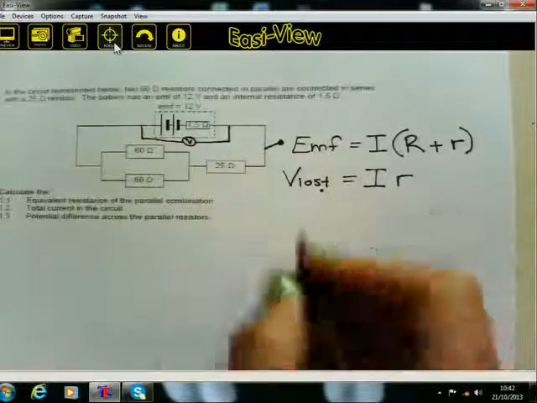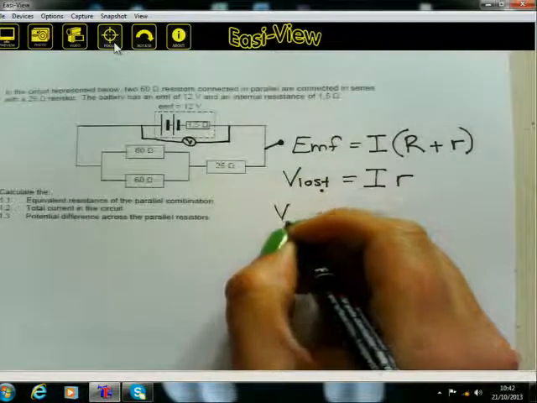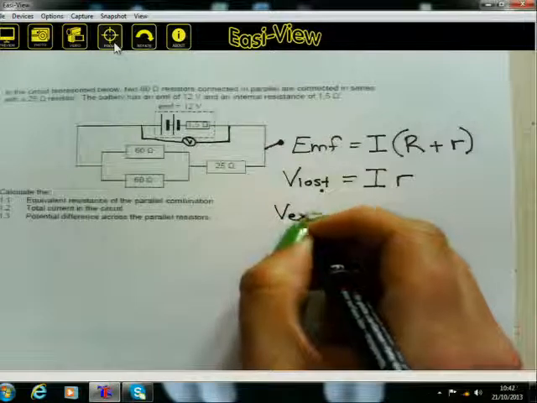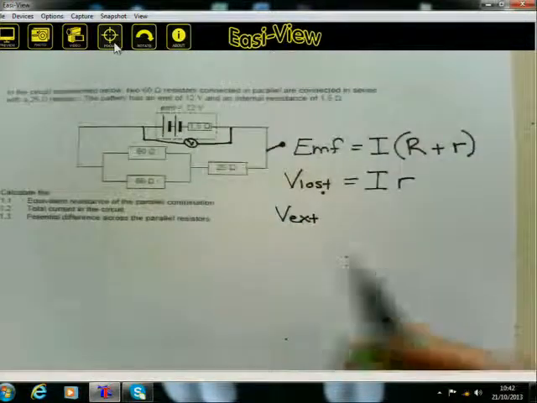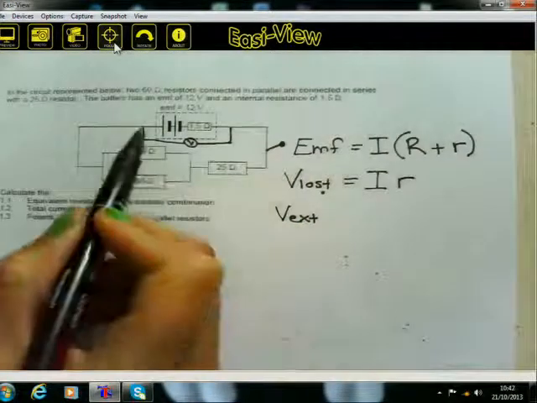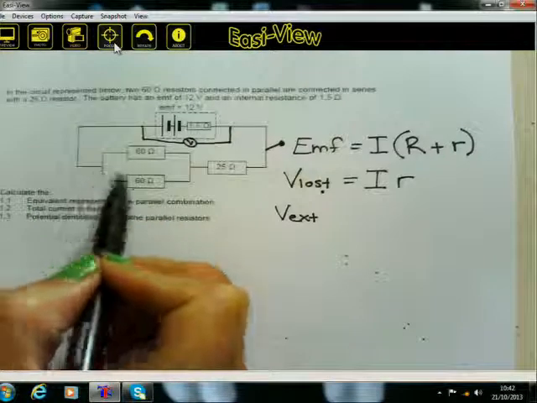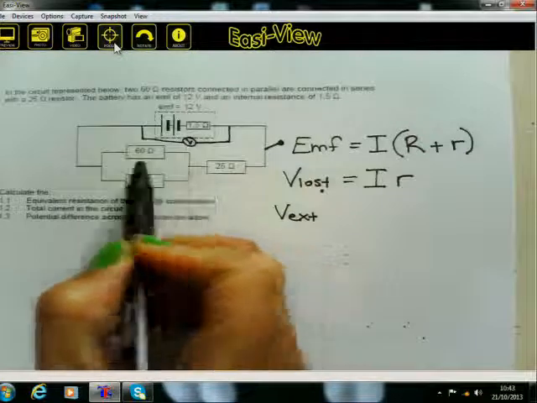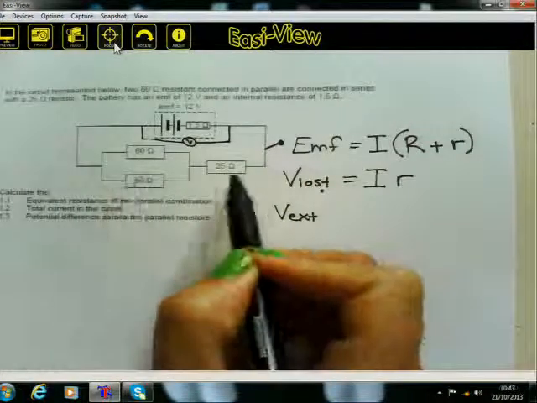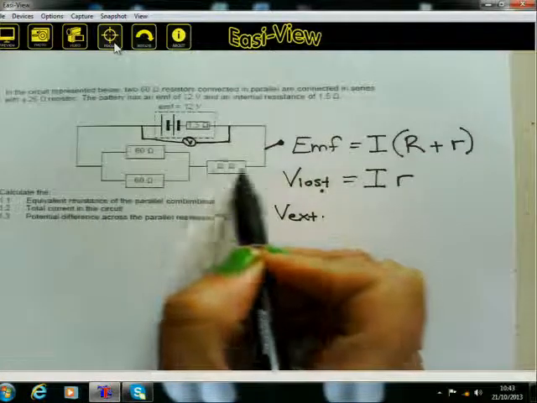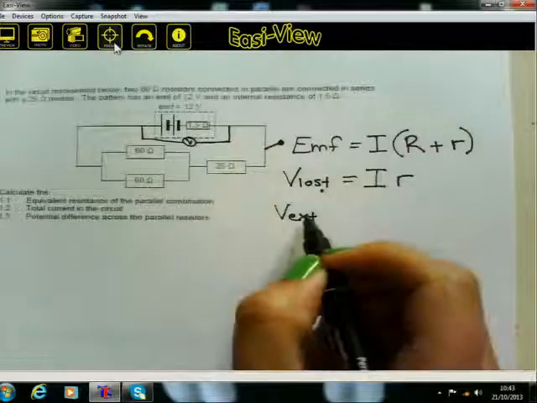And then the last one I want to show you is V external voltage. In other words, all the energy provided to the external circuit, V parallel plus V in that series, that's V external.